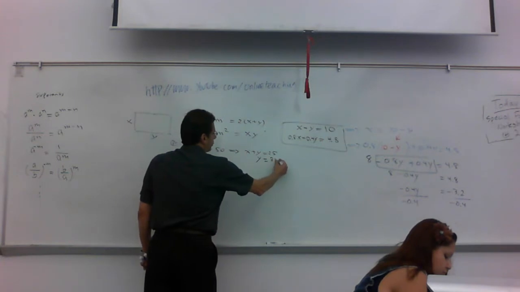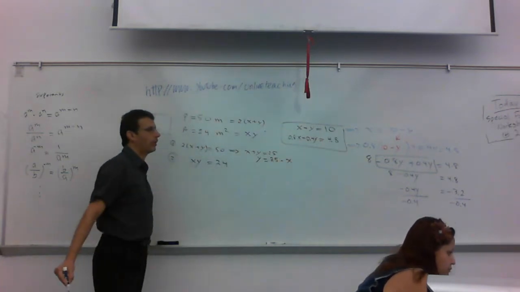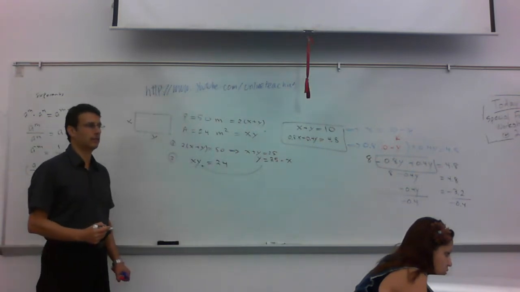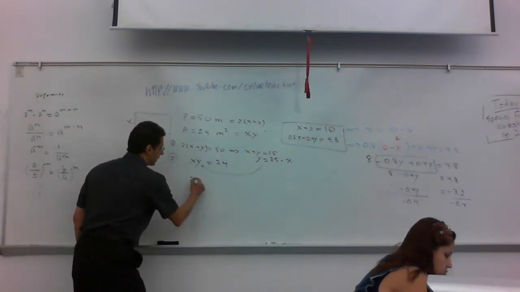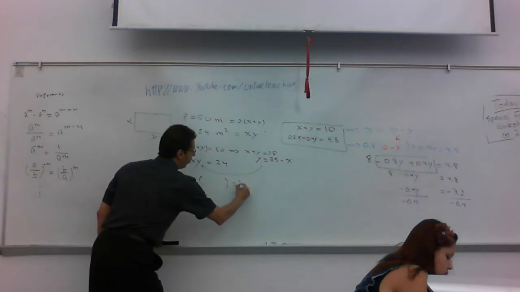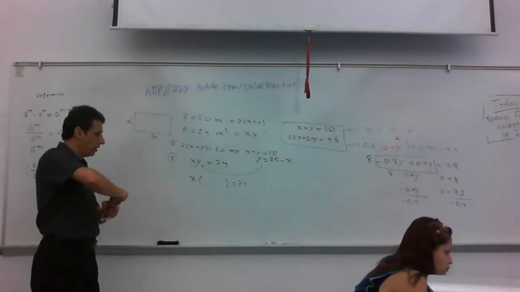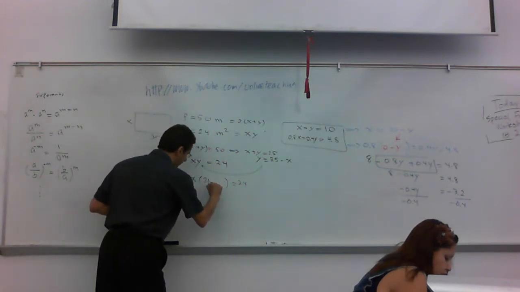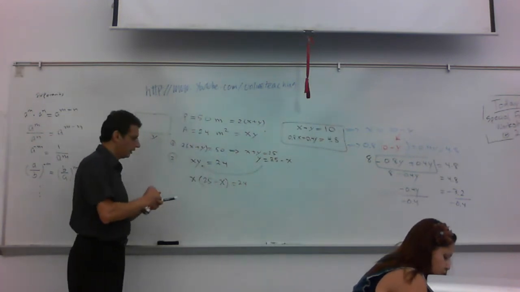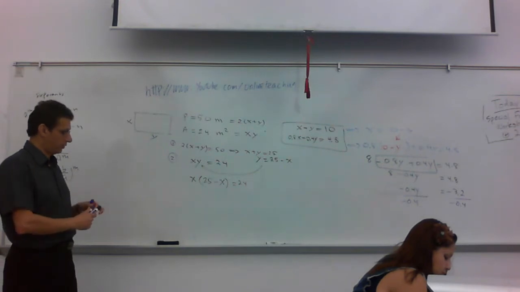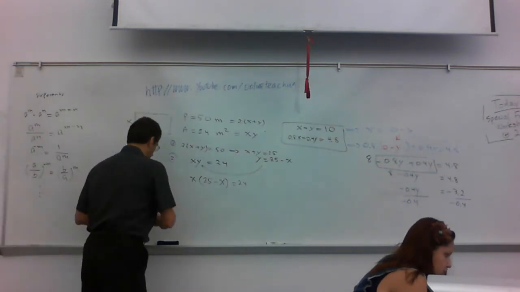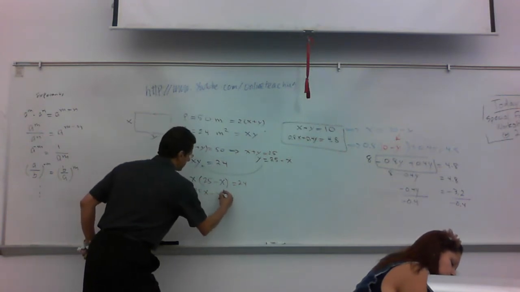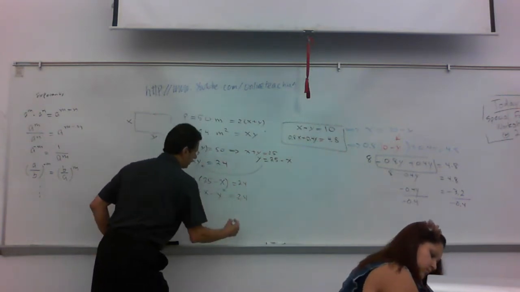So y becomes 25 minus x. And I'm going to replace it into the second equation, which says x times y is equal to 24. So what is y? 25 minus x. So that will give us 25x minus x squared equals 24.